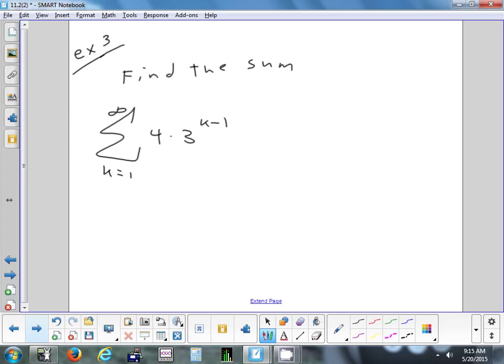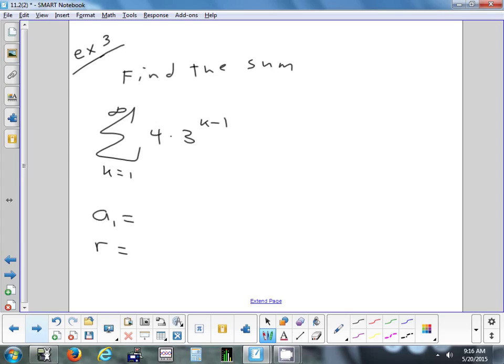Okay, let's look at this one. Let's just write down our first term. Let's write down r. And then we'll graph it, same way we did the last one, and see if we can figure it out. What's my first term here? If you're not sure, just let k equal 1, plug it in, and you'll see what the first term is.